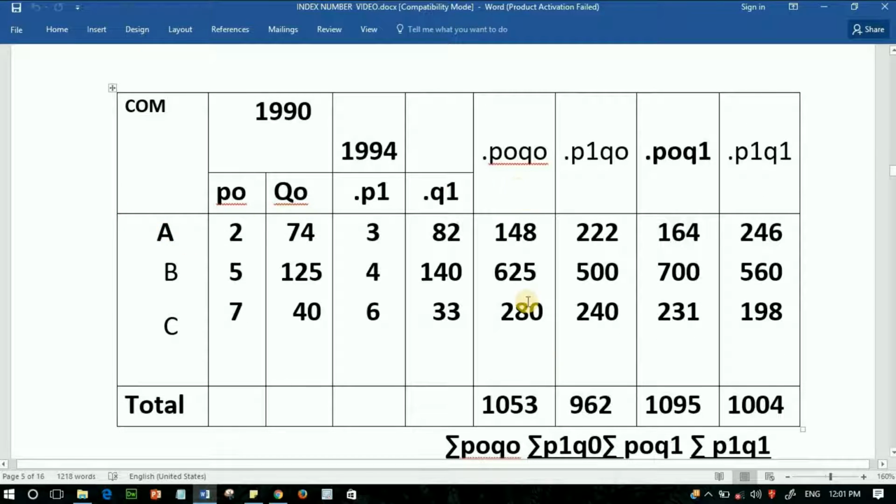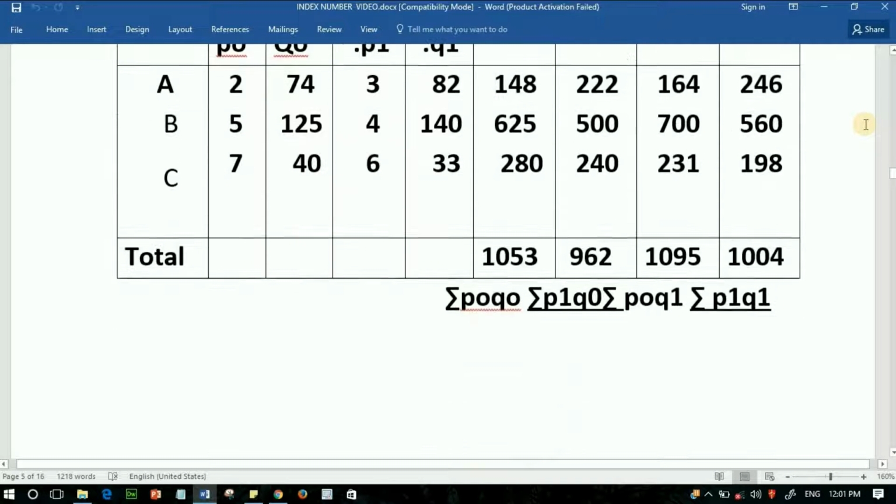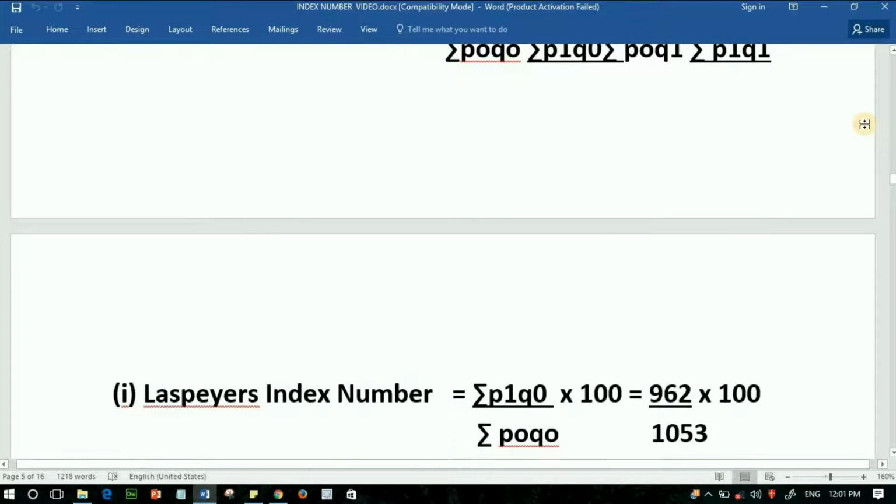Adding all these, the notation is sigma P0 Q0, which is equal to 1053, sigma P1 Q0 is 962, sigma P0 Q1 is 1095, and sigma P1 Q1. You have to write the notation in the sigma of these headings. Now we apply the formula.